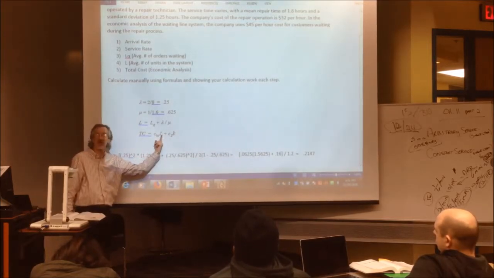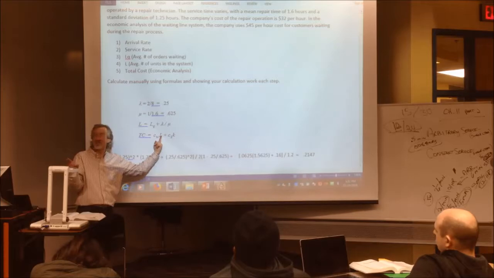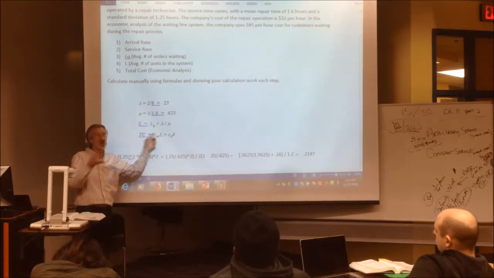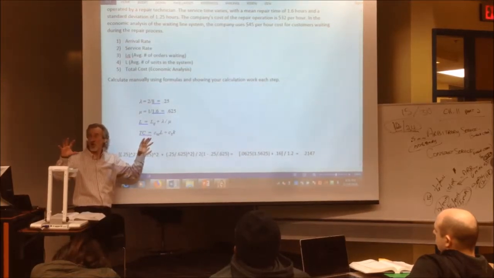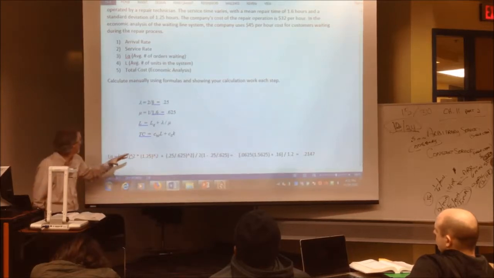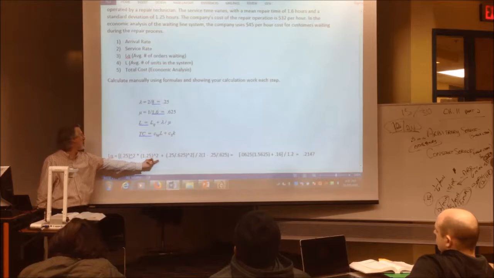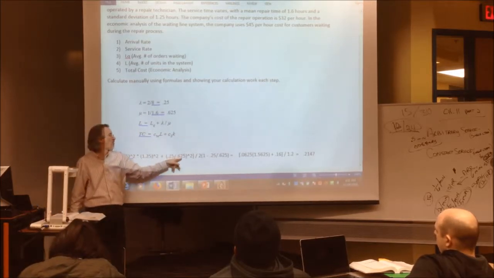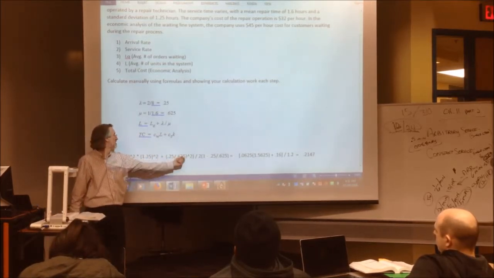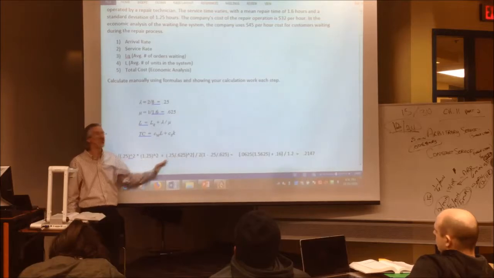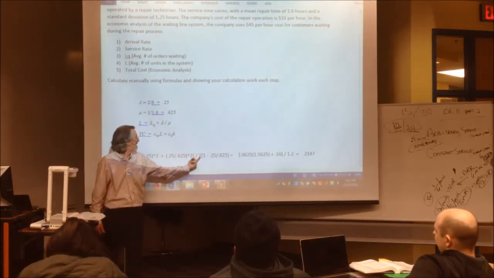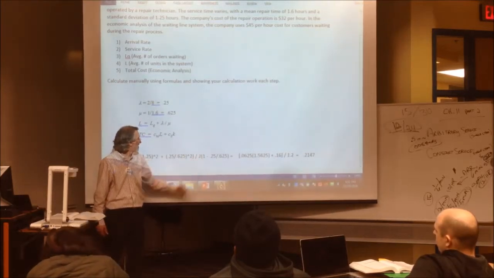All the hard parts are in that L, especially because this is arbitrary, so that L sub Q is not the short formula, it's a little bit longer with that standard deviation. Arrival squared, standard deviation squared, multiply it. Arrival over service, square it. Add it to the previous calculation, there's your numerator. I gotta remember this.